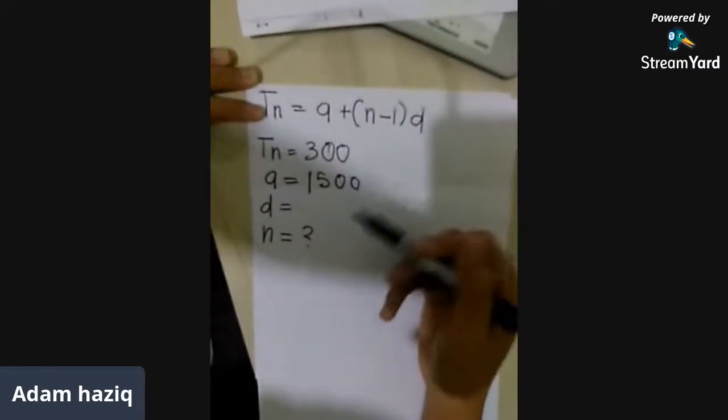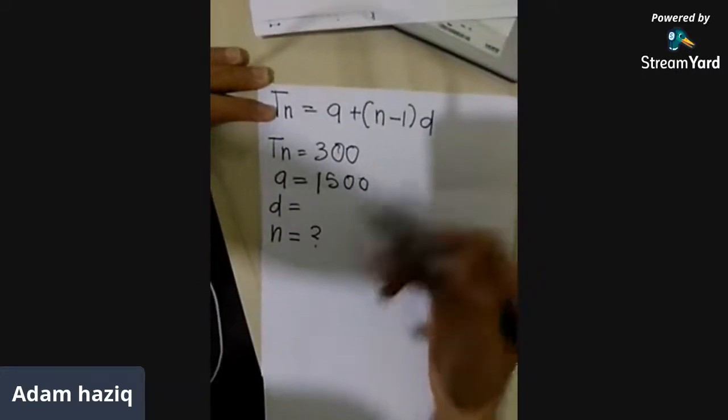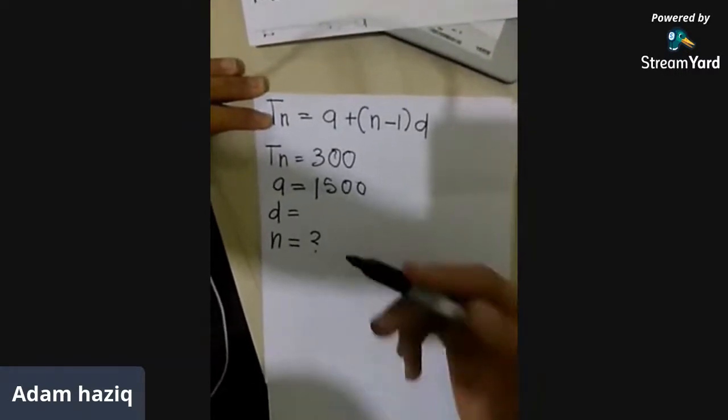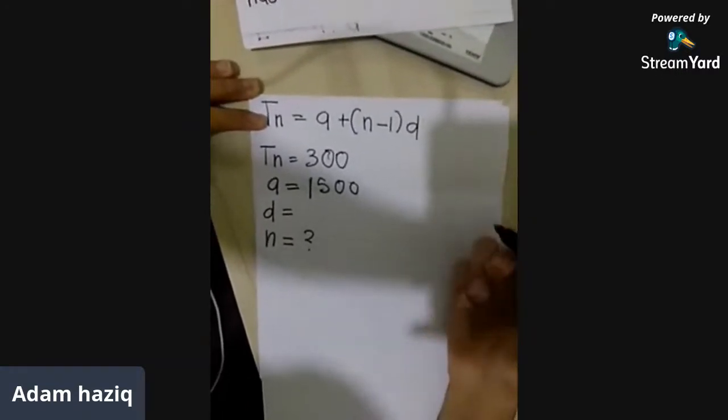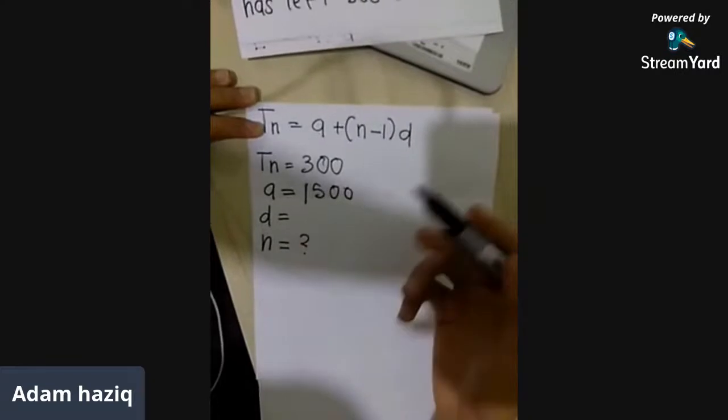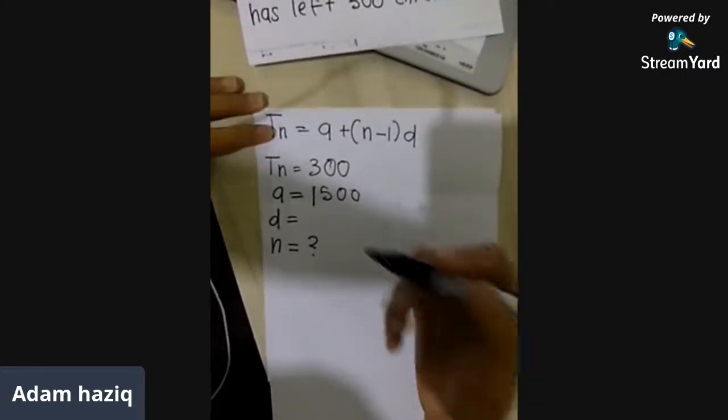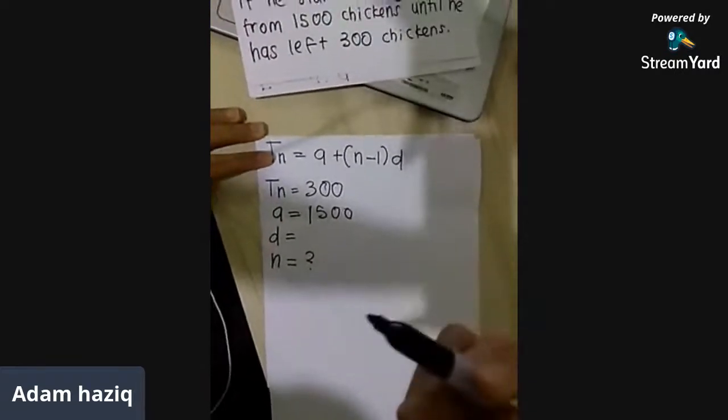Because he starts selling his chickens with the first amount, which is 1,500 chickens. a is the first term in a progression. So 1,500 chickens is the first term of this progression.